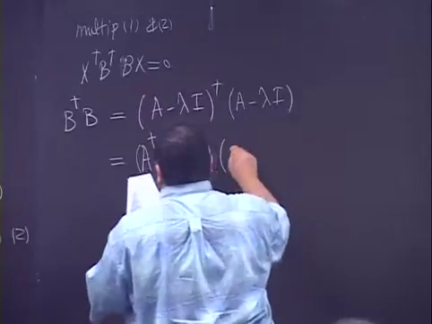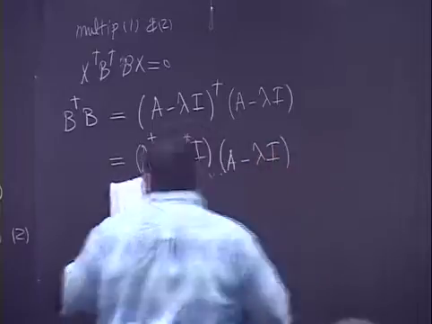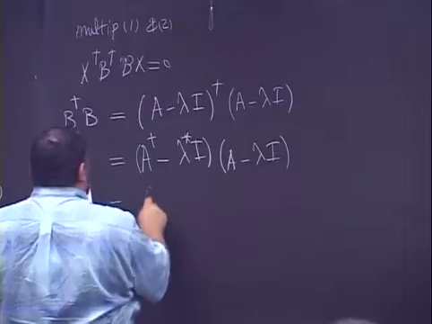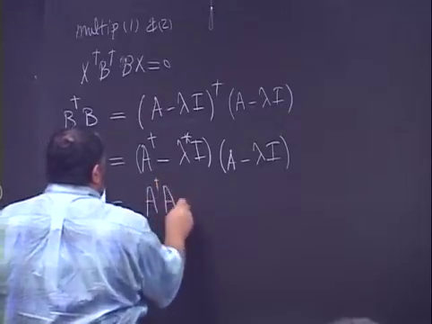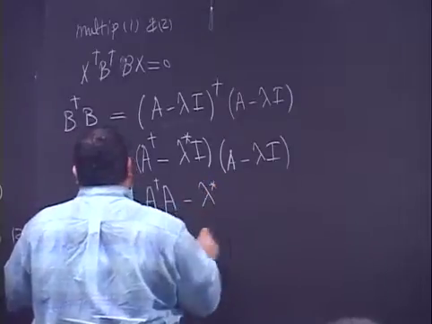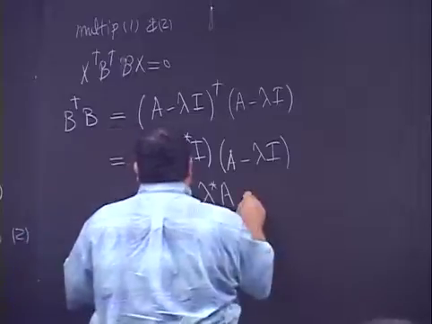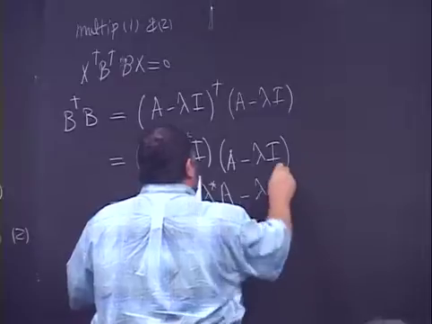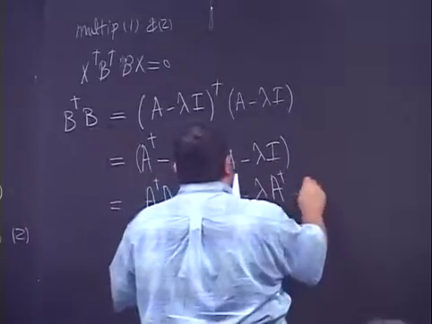Then when you do the multiplication, this will give you A adjoint minus lambda conjugate I multiplied by A minus lambda I.